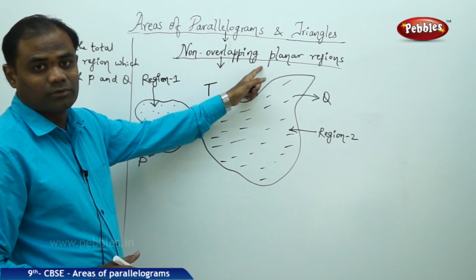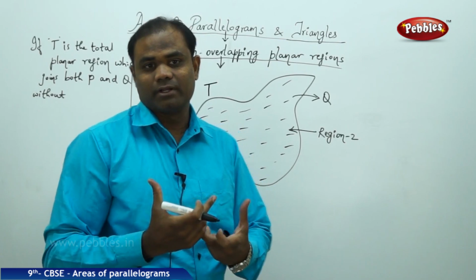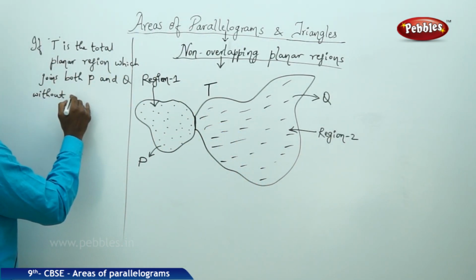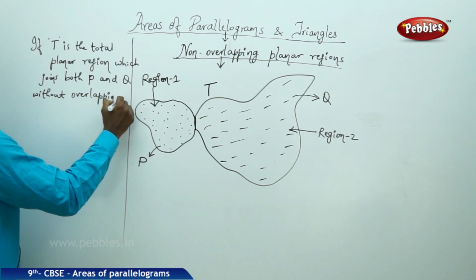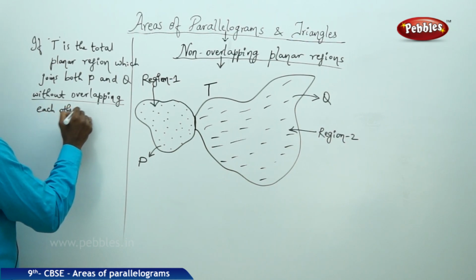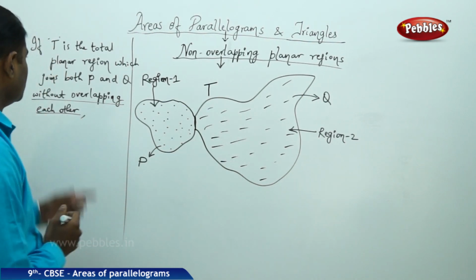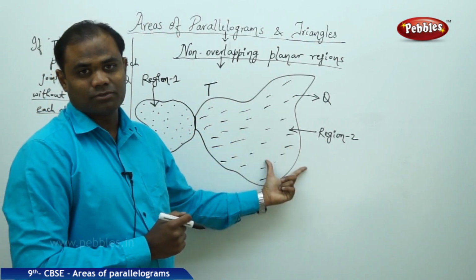One of the most important things is that the planar regions do not lose their area when they are joined. They are non-overlapping, so this plays an important role. T is the total planar region obtained by region 1 plus region 2.